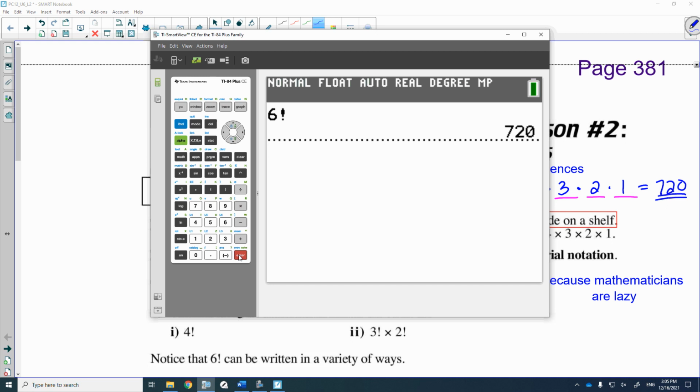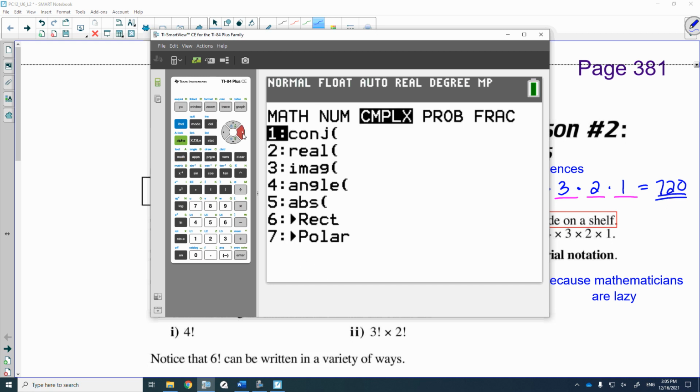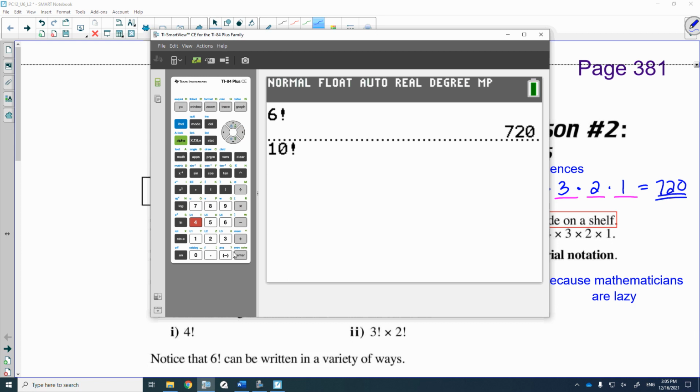It's because I could give you the question, how many different ways are there of arranging 10 books on a shelf? So you could, on your calculator, type in 10 times 9 times 8 all the way down to 1, or you could just go to 10 and then the factorial, and it will multiply that descending sequence for you and give you 300,628,800 different ways of arranging 10 books.